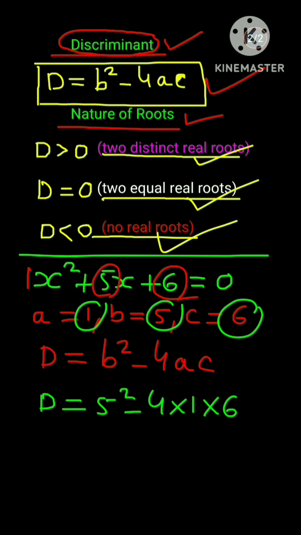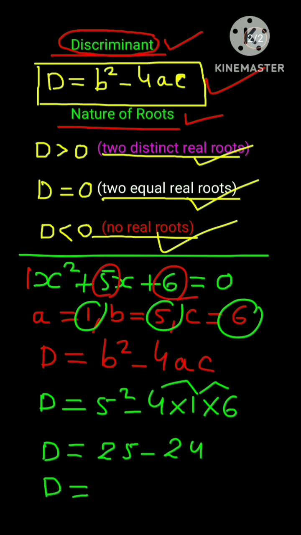So d equal to square of 5 will be 25 minus 4 into 1, 4, 4 into 6, 24. Now lastly, discriminant will be 25 minus 24, 1.